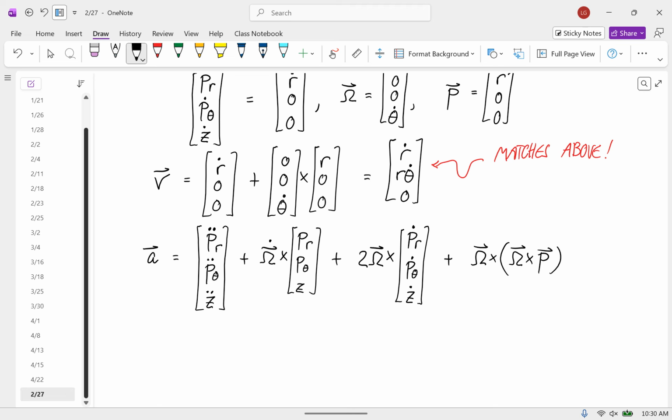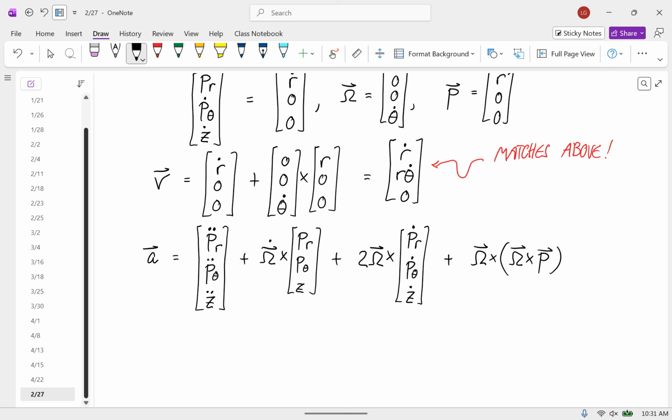Yes? So for that first part of the acceleration equation, that angular acceleration times P_r, P_theta, P_z, is that from taking the derivative of velocity? Should that be P_r dot, P_theta dot, Z dot? Which term again?